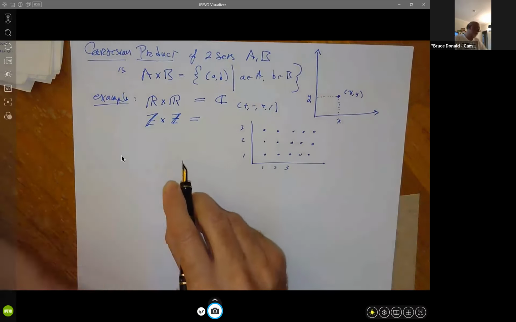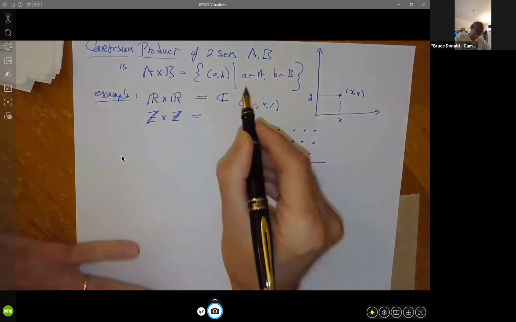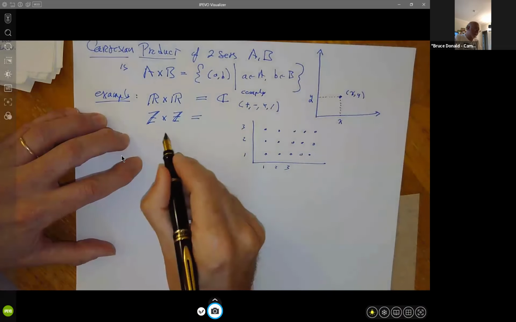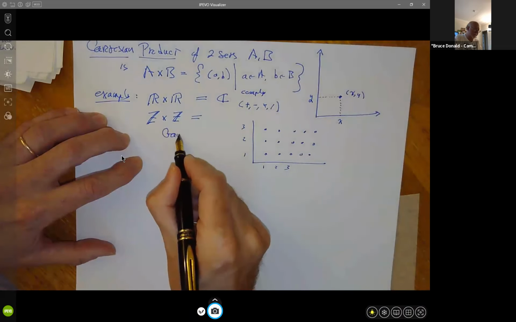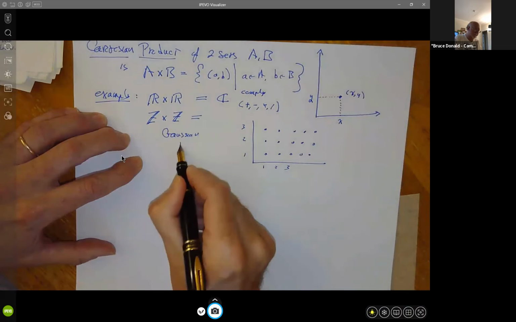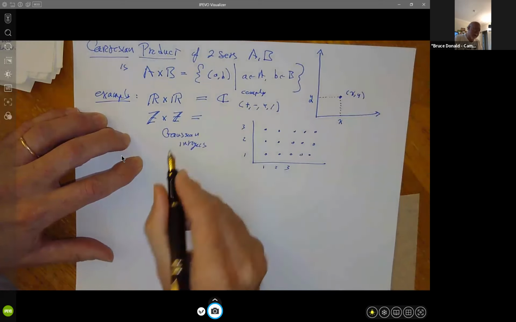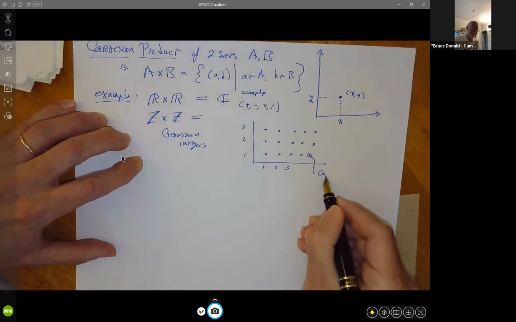Now this set actually has an interesting structure too. Remember, these were the complex numbers. These actually have a name. These are called the Gaussian integers. If you look at a point like this, and you think of this point as being (a, b), you could also think of that as a plus bi.